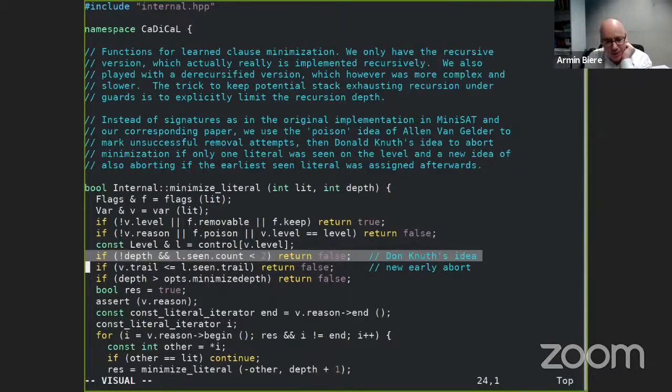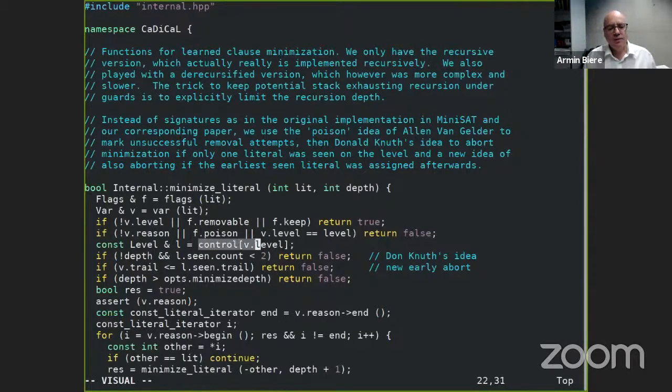When you do the recursive minimization of a learned clause, you might need to do a first search on this implication graph. And this L here is the decision level.